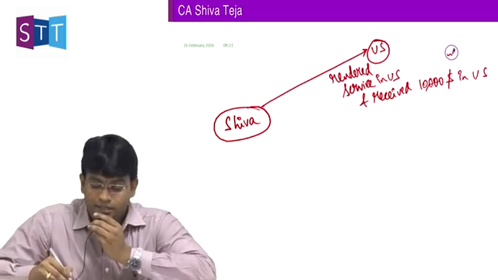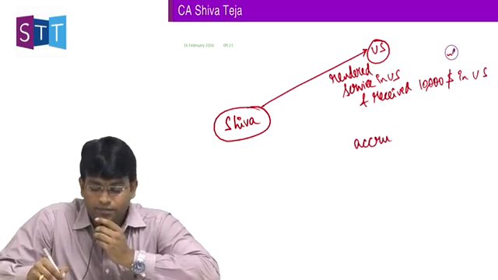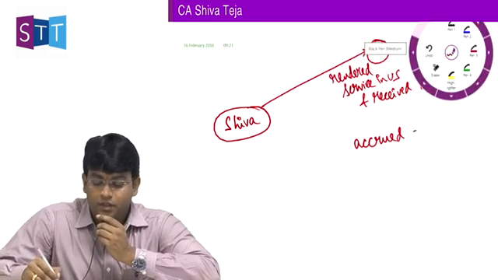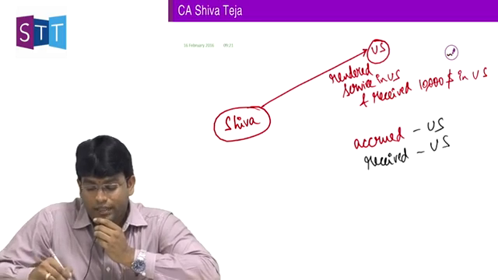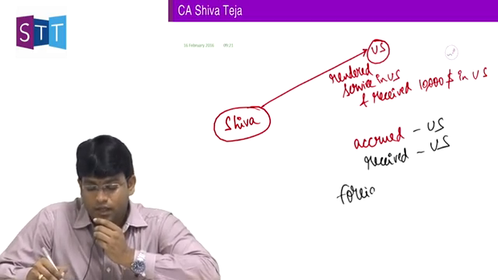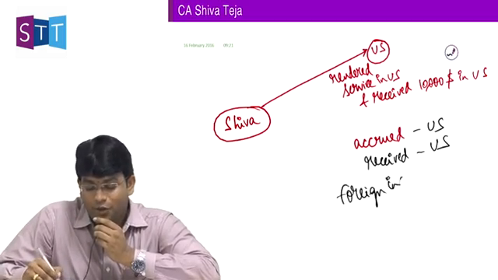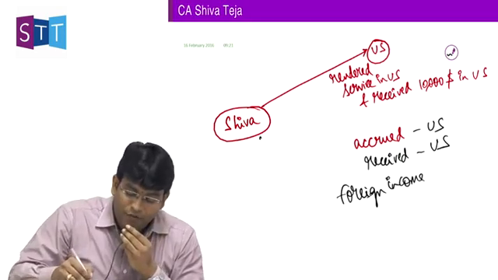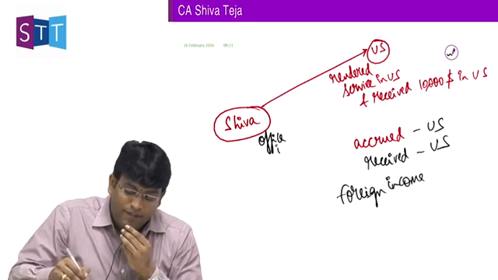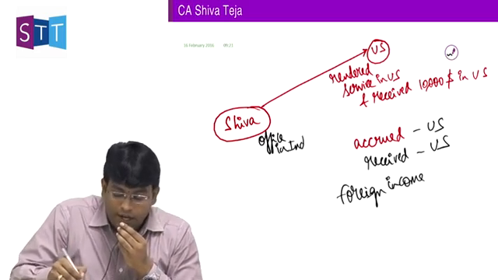Okay, sir? Tell me now, accrued where? US. Received where? What kind of income? Is it taxable? You can't tell directly like that. For information, I have an office in India. I have an office in Hyderabad.